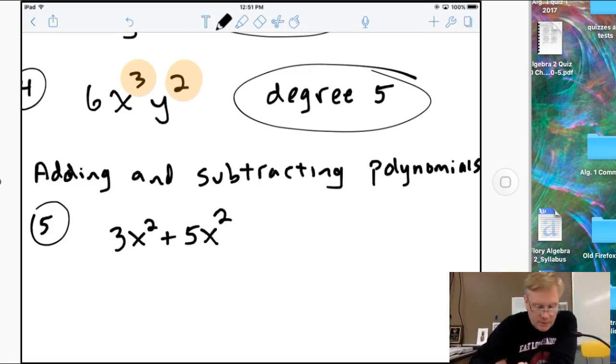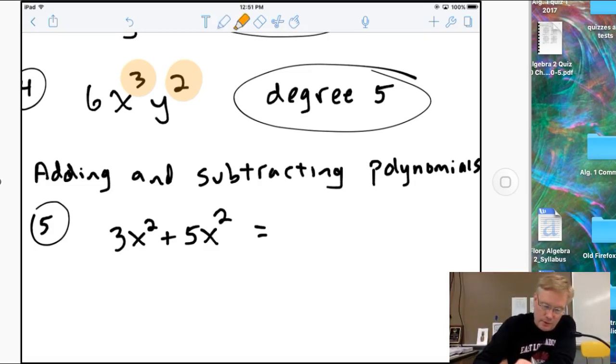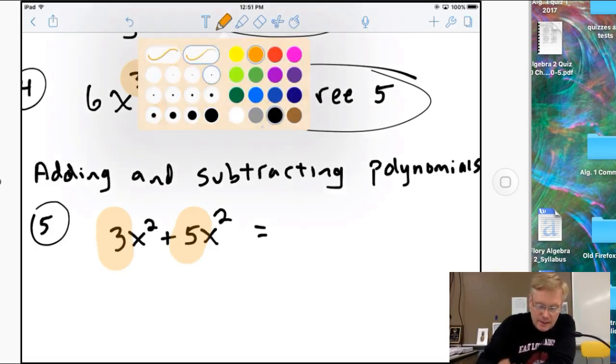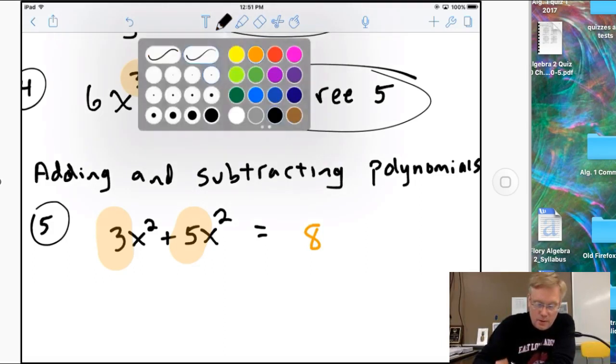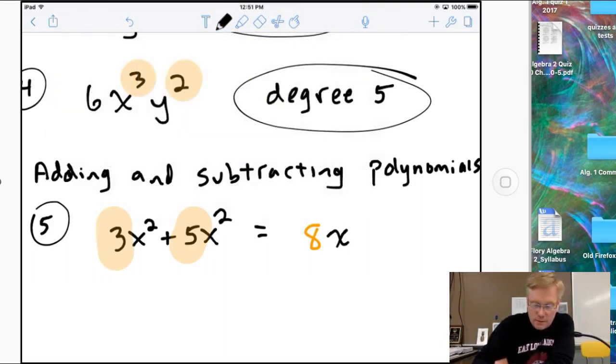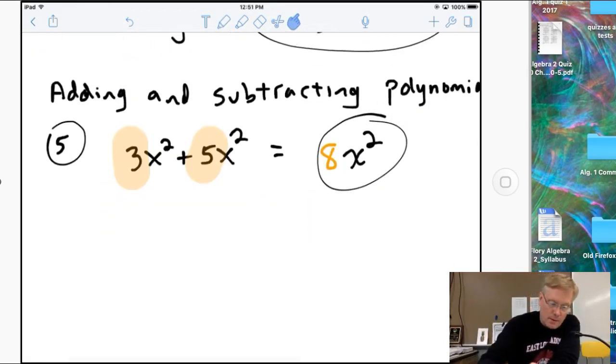So with this, this is like 3x plus 5x. The only difference is instead of being x and x, it's x squared and x squared. But I'm going to treat it the same way. I'm just going to take the coefficients and add those together. 3 plus 5 is 8. And I'm not going to change the x squared. I'm just going to leave it as is, which means that's my answer, 8x squared. All right. Add the coefficients, leave the variable alone.